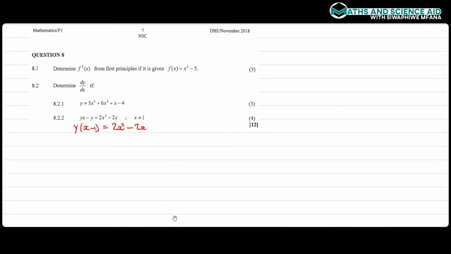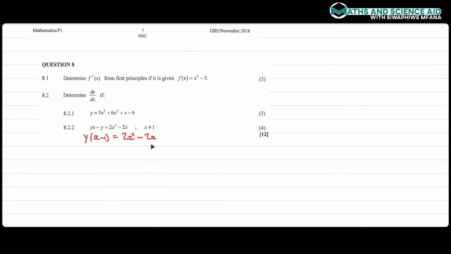Okay, before we even get there, we can do better. Okay, this looks interesting. We can also factorize on the right hand side. 2x is a common factor, so taking out 2x will leave us with x minus 1. Sorry about that.